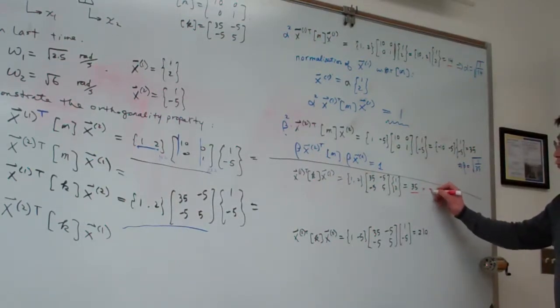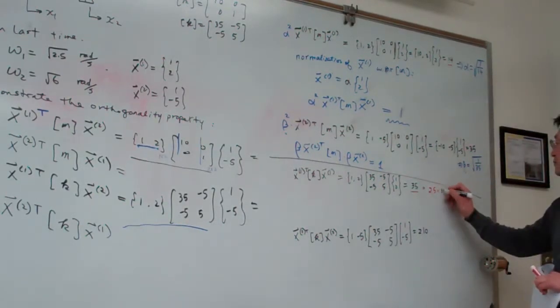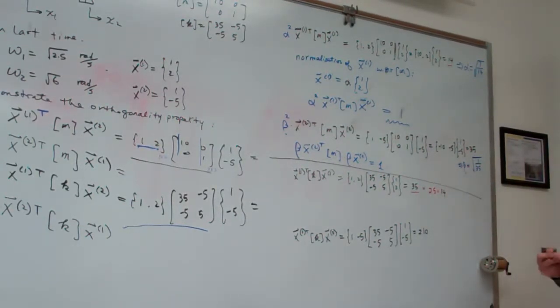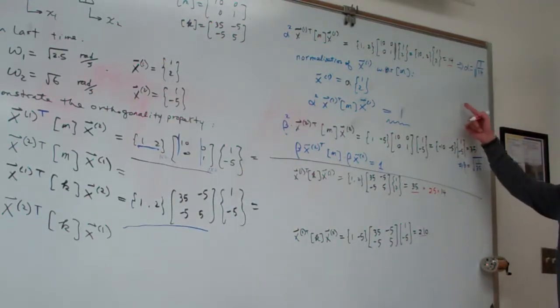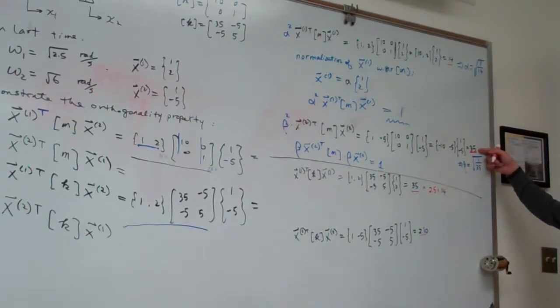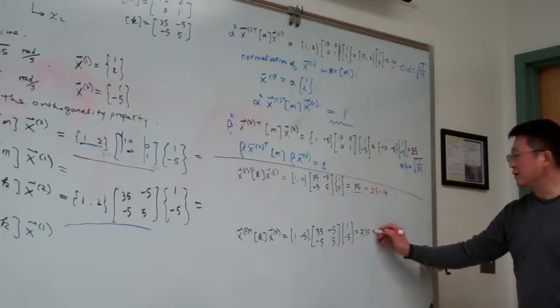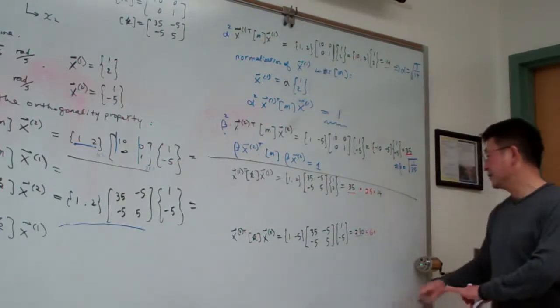This is equal to 2.5 multiplied with 14. In a similar way, you compare this one with this one. This one is associated with non-normalized. This one is equal to 6 times 35.